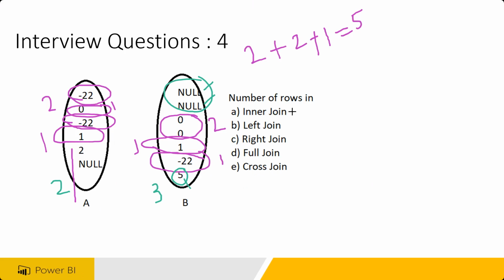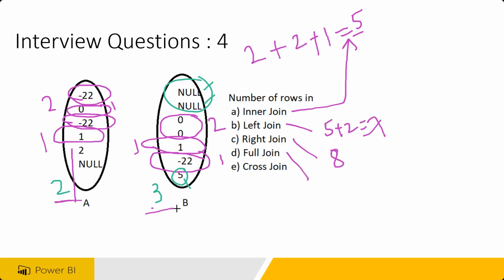Now I wanted to answer. So inner join data is 5. Now left join data is 5 plus unmatched data, that is 2, and it will be 7. Right join is 5 plus 3, equivalent to 8. Full join is 5 plus 2 plus 3, 5 plus 5, equivalent to 10.